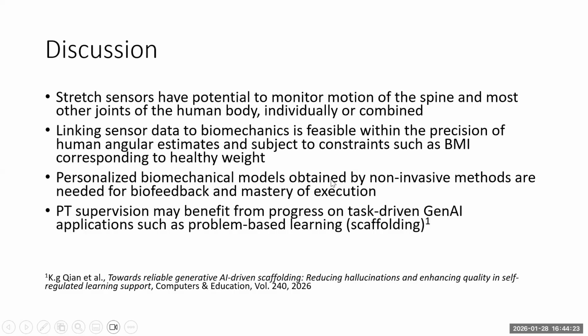The personalization of the biomechanical model by non-invasive methods needs to be demonstrated fully, right? So those parameters obtained from the spinal mouse, the optical method, need to be imported and demonstrated in one of these animations as well.